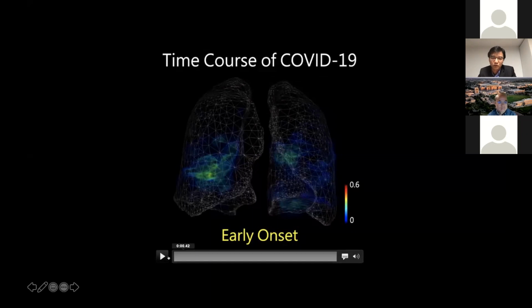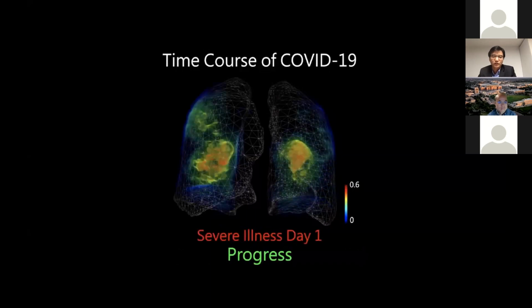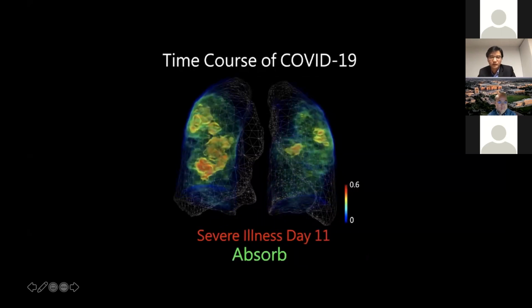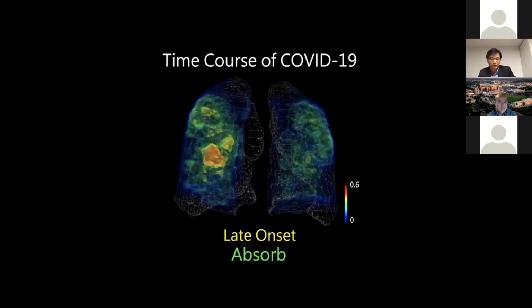I will show this movie, pay attention. Information will be shown here. With progress, you have more and more infection, and it becomes severe illness, and then absorption, you have less infection, then it enlarges again, you have more infection, and then absorption.